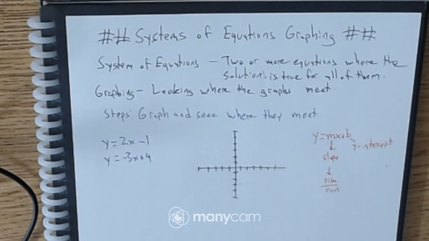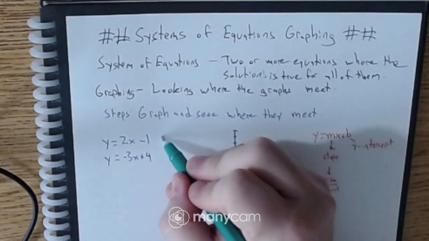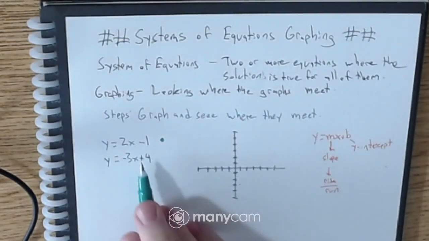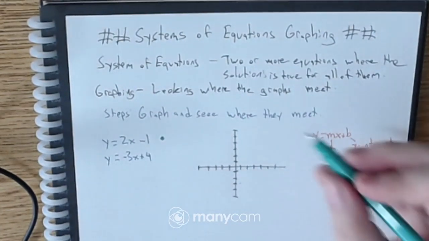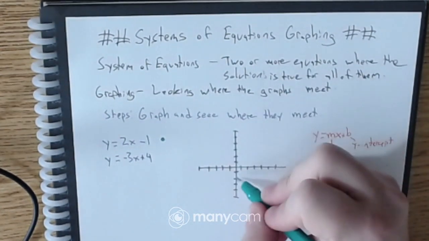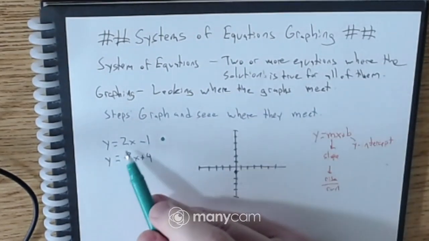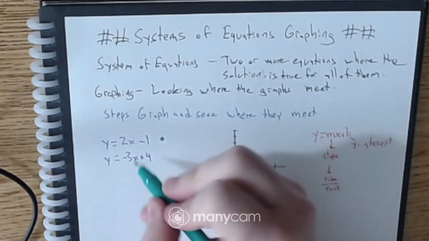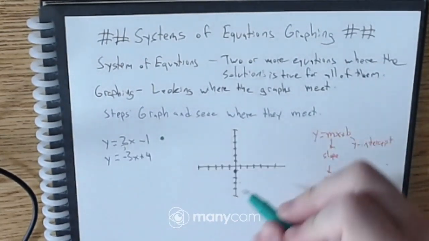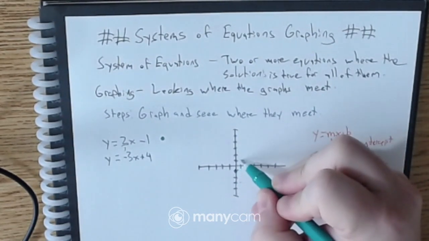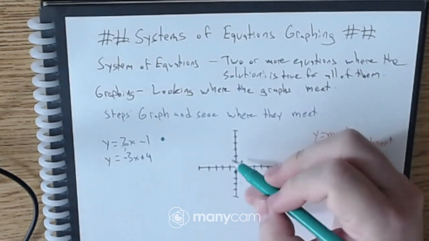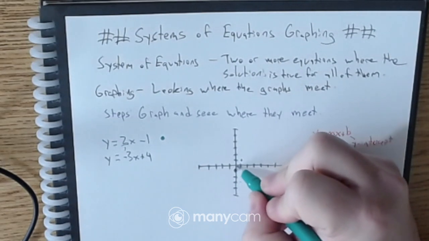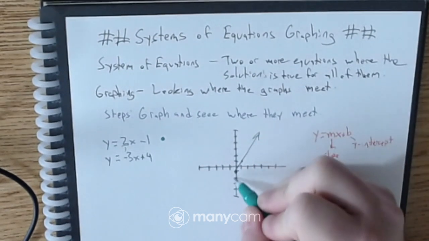So if we're going to graph y equals 2x minus 1, you look for what we call the lonely number, that's the y-intercept. That's where you put your first dot, minus 1. Then the slope is 2, and what you've got to remember is 2 can turn into 2 over 1, so that means go up 2 over 1. And then you would draw, and if you guys were doing this, you really should be using a ruler.